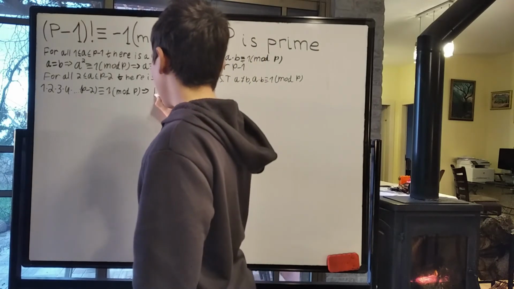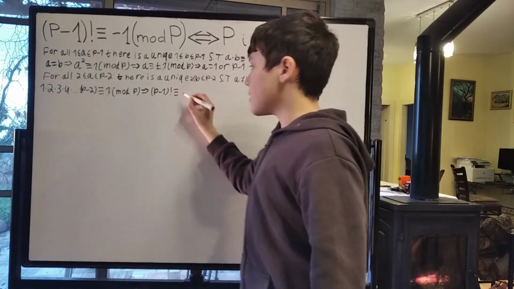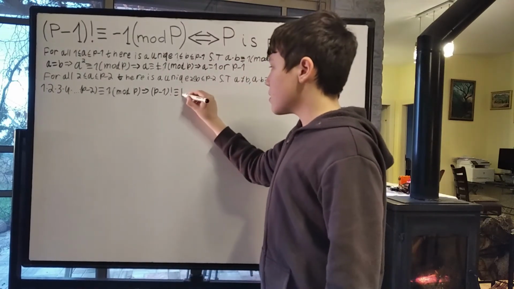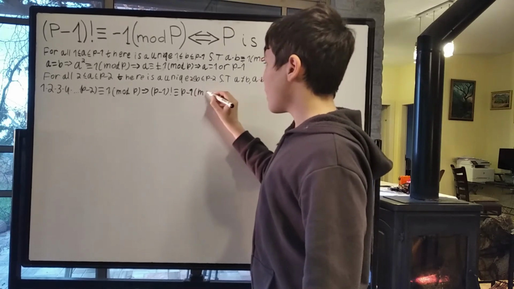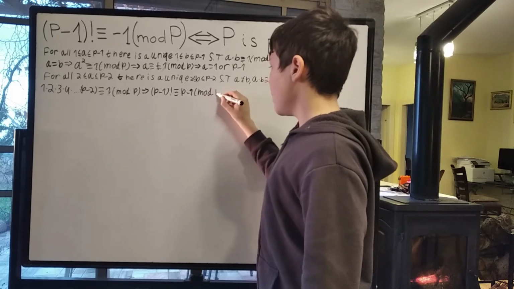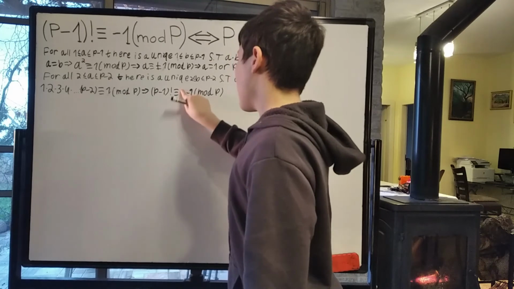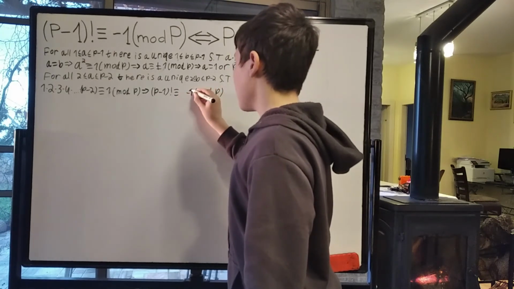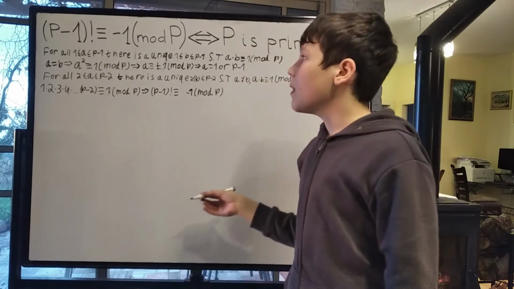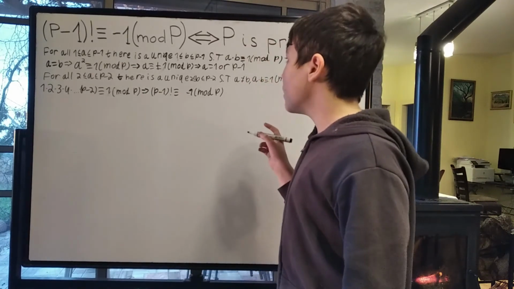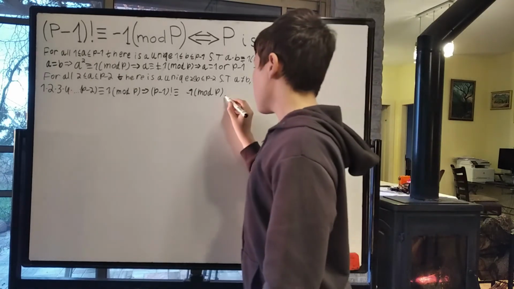So we have P minus 1 factorial is congruent to P minus 1 mod P. Because this is mod P, we can just take away this P and get that P minus 1 factorial is congruent to negative 1 mod P when P is prime. And that's what we wanted to achieve.